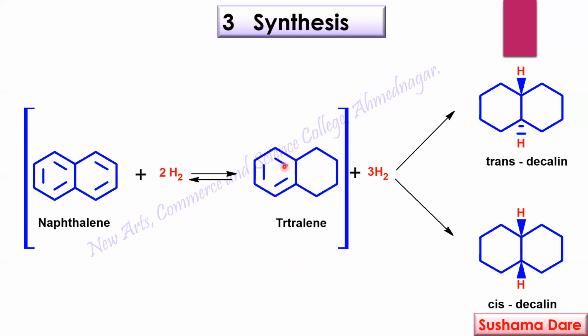Then again these 3 double bonds get reduced, so you need 3 molecules of hydrogen. So this benzene ring undergoes reduction, and it gives the stereochemistry at the fusion point, either cis or trans. If the stereochemistry is different, it is termed trans decalin, and this one is cis decalin.